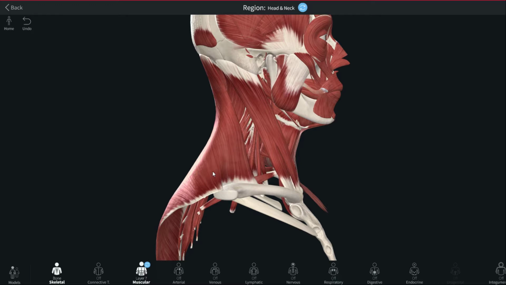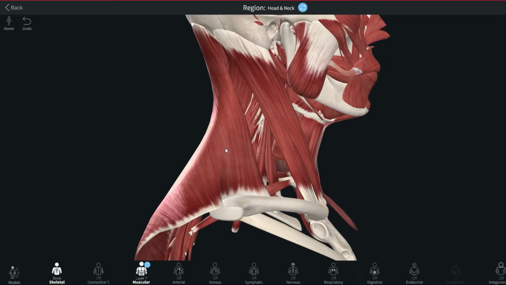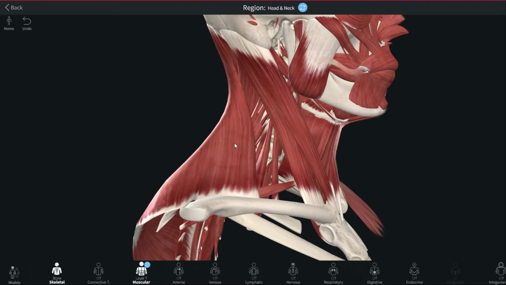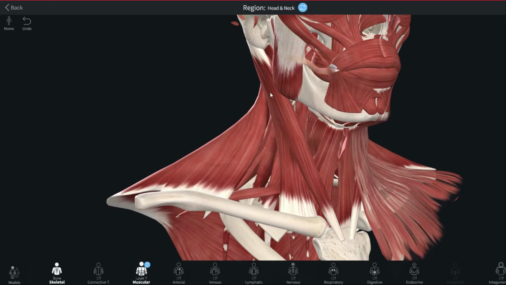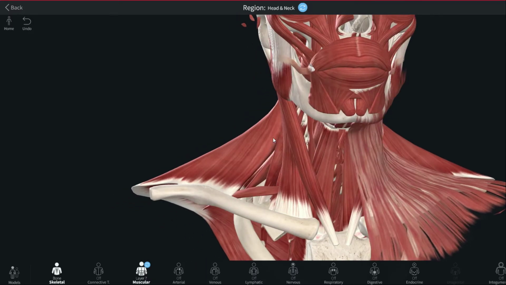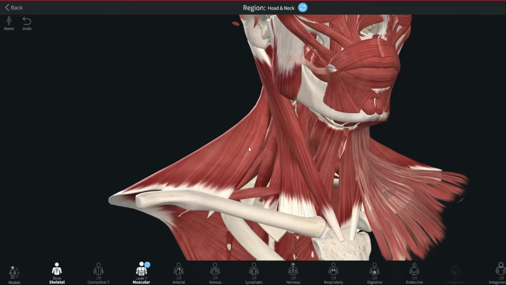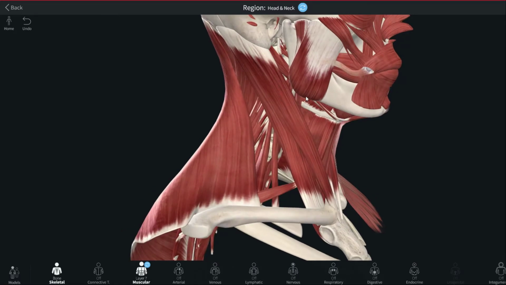in a separate discussion. So, as all of us already know, and I've said this many times, the sternocleidomastoid is a key muscle of the neck, and it is dividing each side of the neck into two triangles.